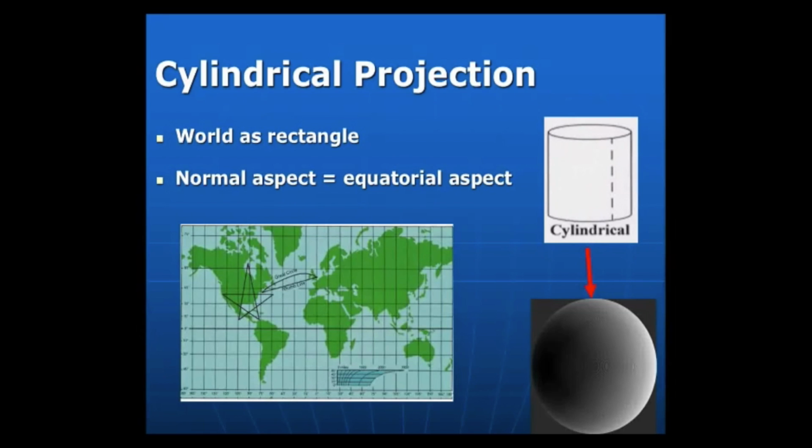But the purpose of this map is to get ships across the ocean and not to measure area sizes. See the star? That's showing you it should be a perfectly regular star. So you can see how much distortion, see how the distortion's pulling it further and further north, right?